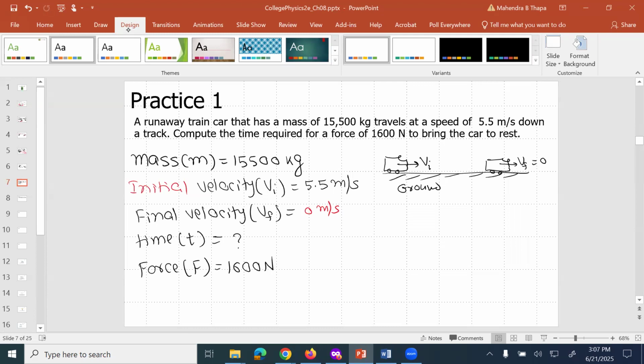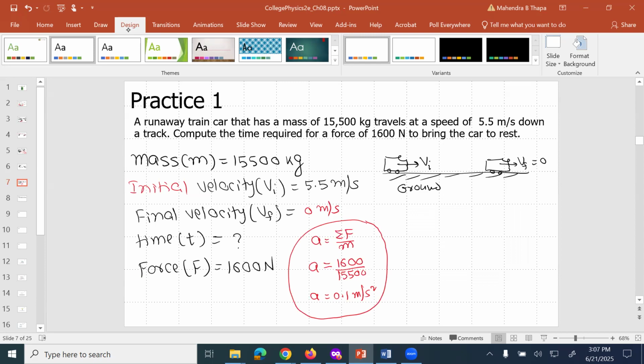At first we can use Newton's second law, which is a equals net force over mass. Based on the given information, this will be 1600 over the mass of the car, which is 15,500 kilograms. That gives me 0.1 meters per second squared.